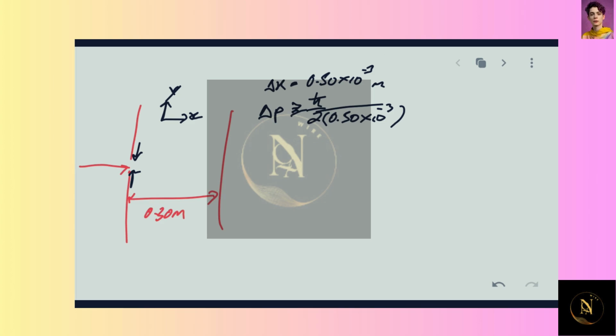And if we were to calculate the momentum, we can actually calculate the uncertainty in the velocity by dividing by m. So we take delta p divided by m, where m is the mass of the electron.